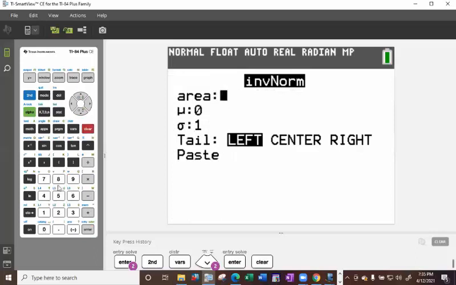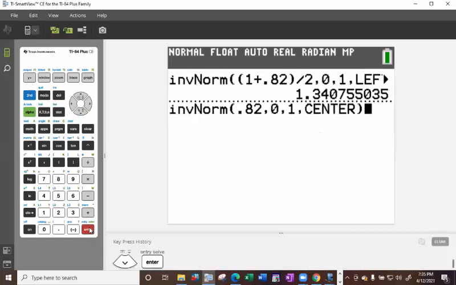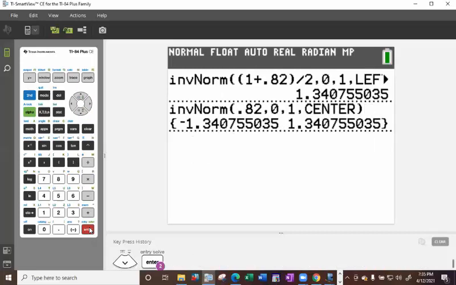If you put in 0.82 but change this to center, it gives you that negative side. You don't need the negative side, you just need the positive side. I hope I didn't freak you out there.